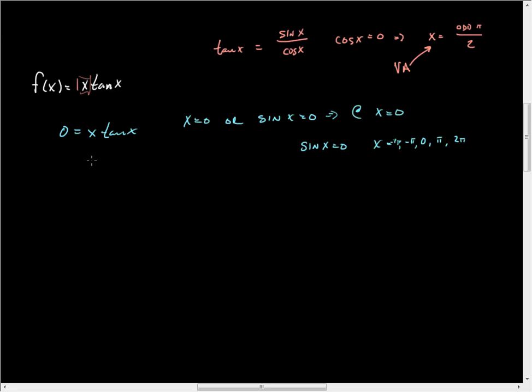That means we have zeros there. Now, when x is 0, y is 0, so we are going to pass through the point (0, 0).